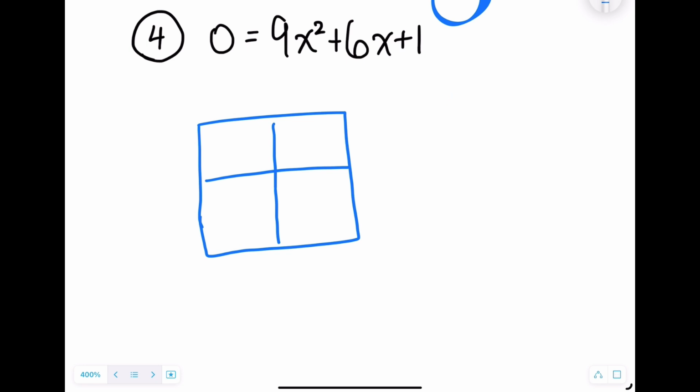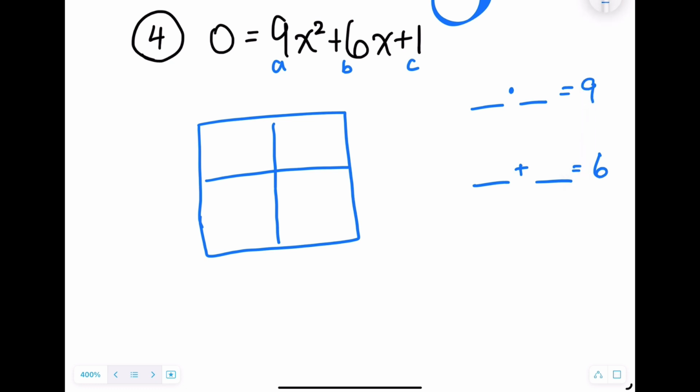So two numbers that multiply to equal the product of A and C, and two numbers that add to equal B. In this case, our B term is 6. So I'm going to replace the B with 6 here. And the product of A and C is 1 times 9, which is 9.